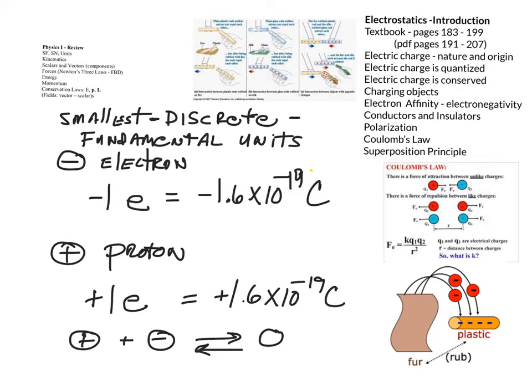The fact that electric charge is conserved, remember conservation of energy, we used to say energy can't be created or destroyed, it just transforms from one form to another, right? Like kinetic energy becomes potential, or you drop a ball and potential energy becomes kinetic. That concept is very important, the conservation concept.